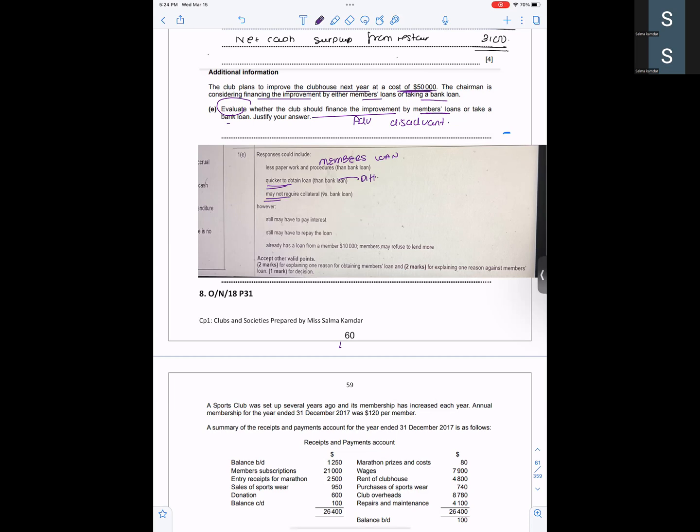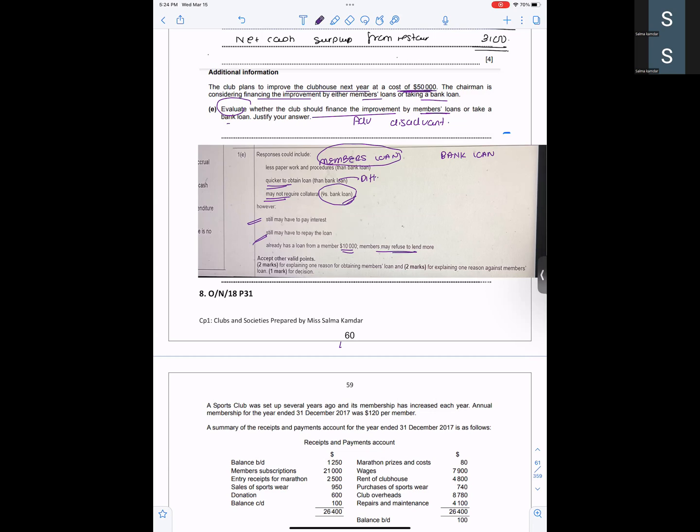Members' loan will not require any collateral, but bank loan will require some security. However, whether I take a members' loan or a bank loan, I will still have to pay interest. I will still have to repay the loan. And I have already taken a members' loan of 10,000 before. So members may refuse to lend me more.